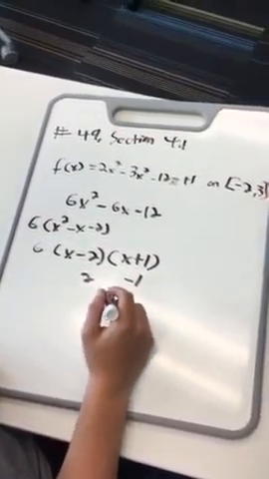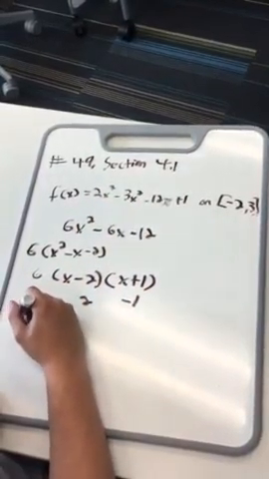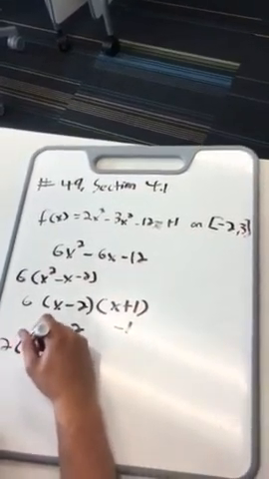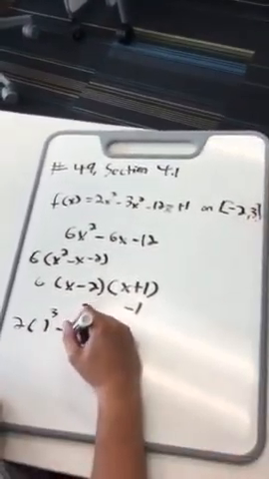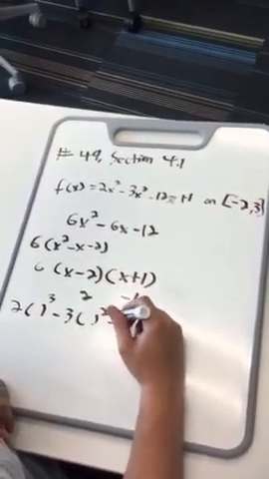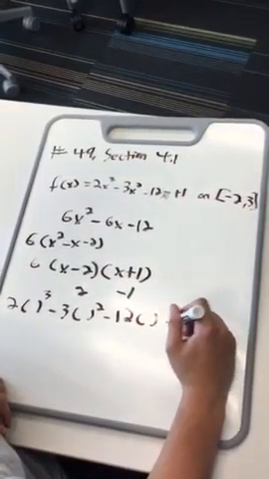So we want to plug it into the original equation, which is up here, 2 times the number cubed minus 3 times the number squared minus 12 times the number plus 1.